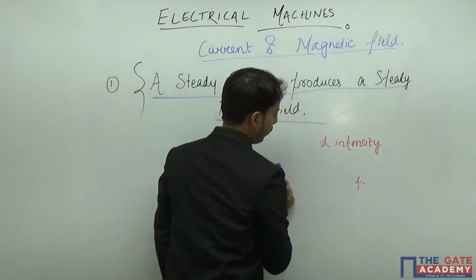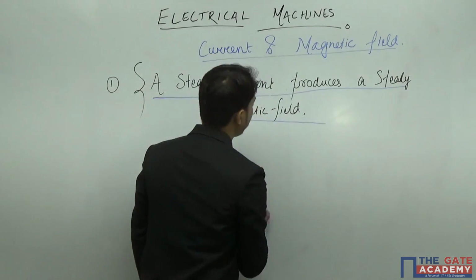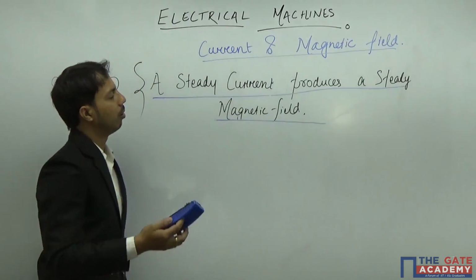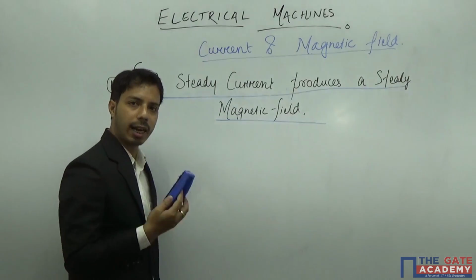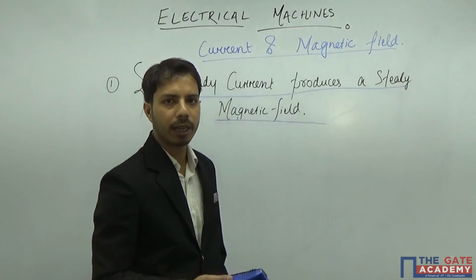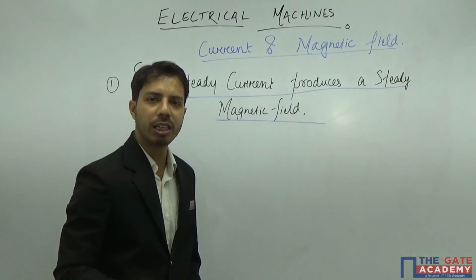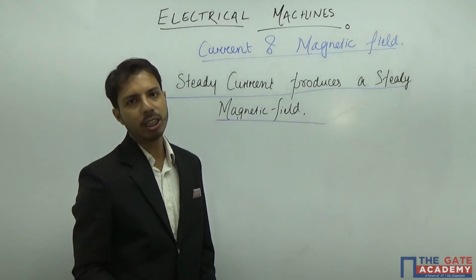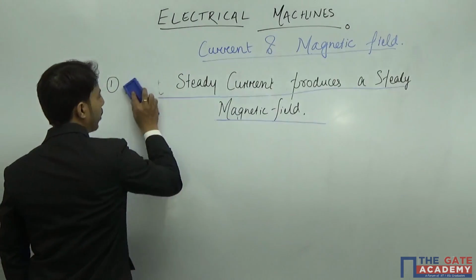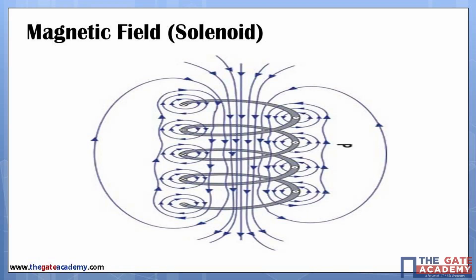Now we can apply this right hand thumb's rule and find out the magnetic field that is created for a solenoid. If you see in your PPT, let us say this is a coil.